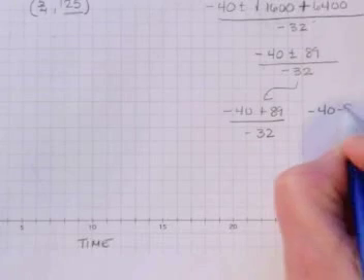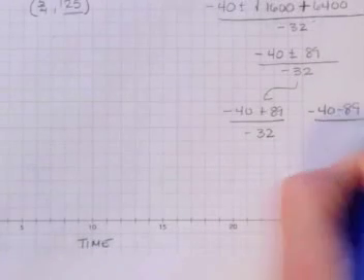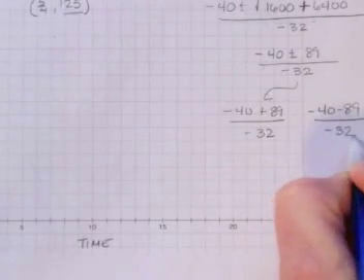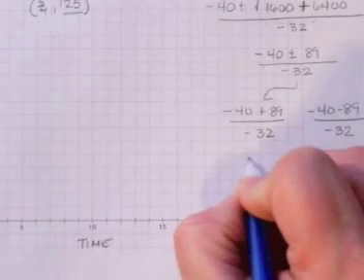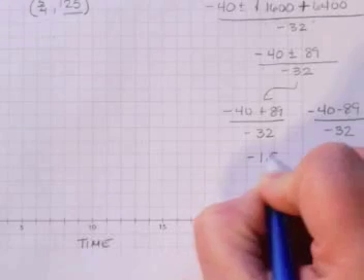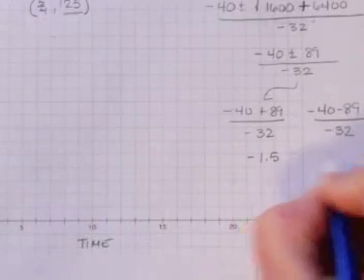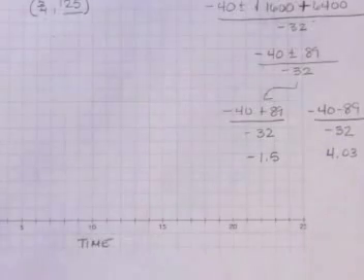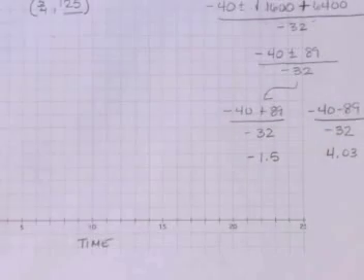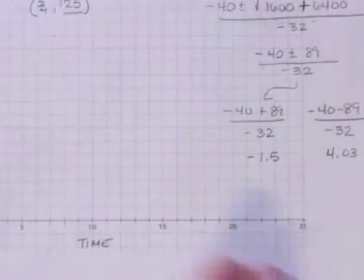And negative 40 minus 89 over negative 32. And I go ahead and do my arithmetic, and this gives me negative 1.5 approximately, and this gives me about 4.03, I believe. We're going to graph that as approximately 4.